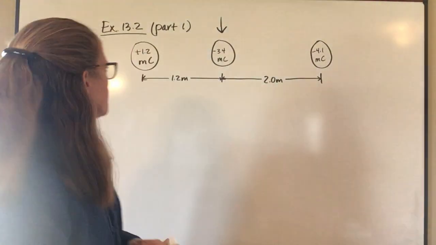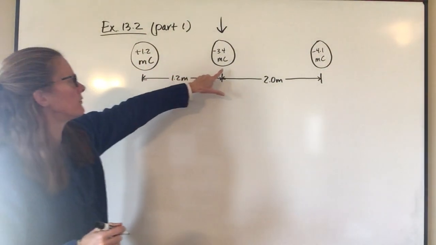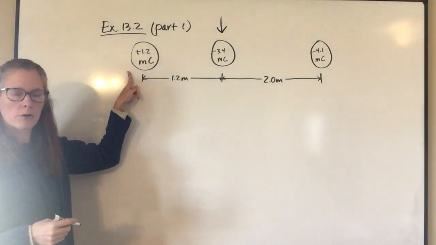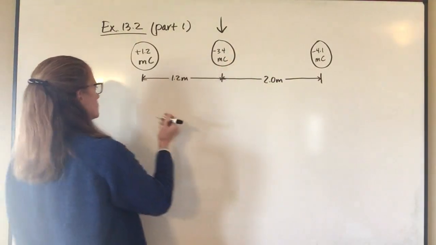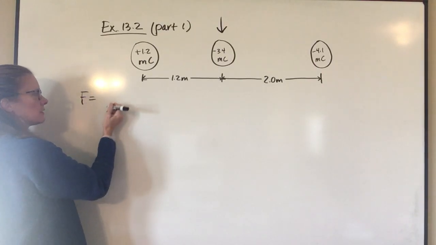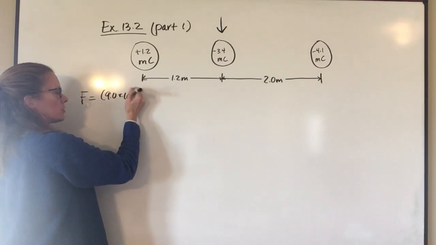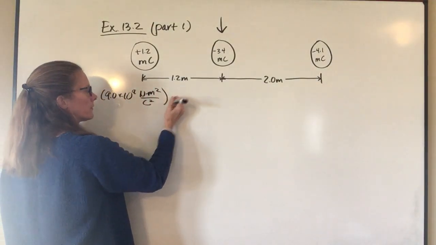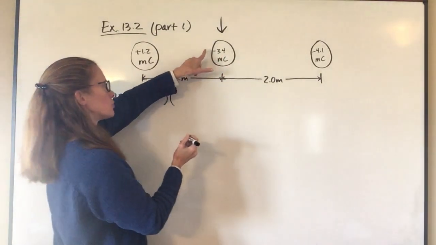Okay, so if I look from the perspective of this particle in the middle, I'm going to look at this particle on the left first. I'm going to calculate the force between these 2 particles. So if I use Coulomb's law, my force is going to be K, which is 9.0 times 10 to the 9th newton meters squared over coulomb squared, times the charge on this one.